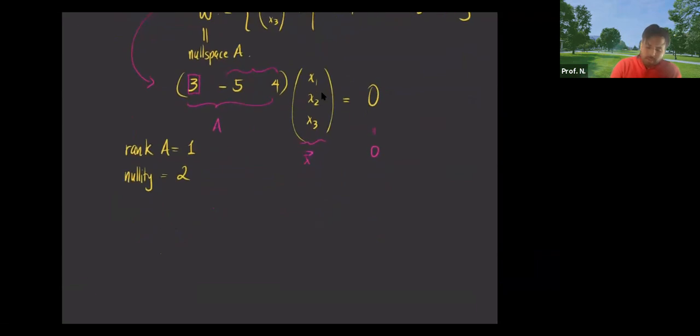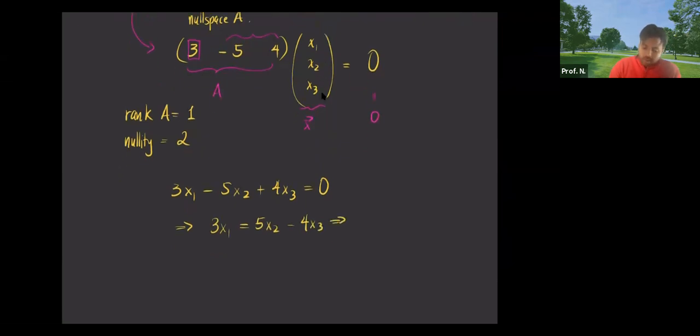So then from here, look what you have. You have 3x1 minus 5x2 plus 4x3 equals 0. In other words, 3x1 is equal to positive 5x2 minus 4x3. In other words, x1 is equal to 5/3 x2 minus 4/3 x3. What is x2? Call it s.